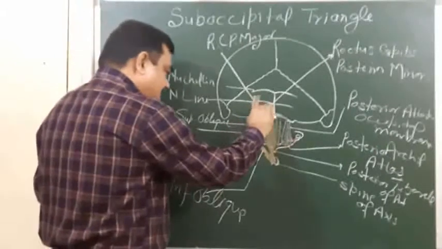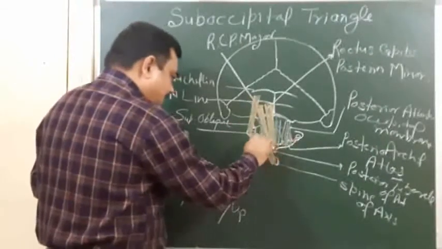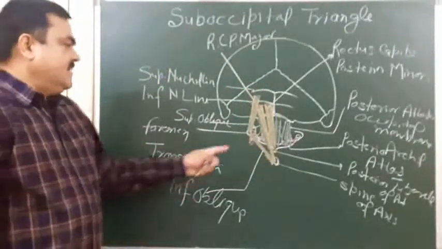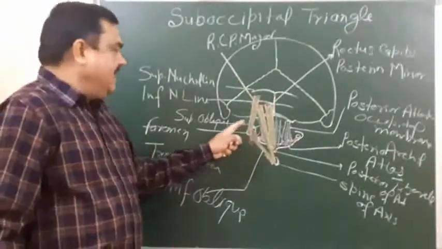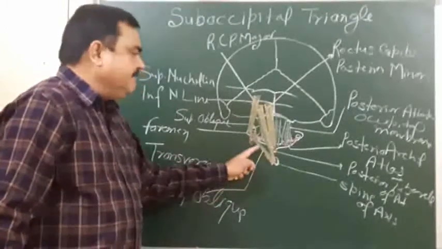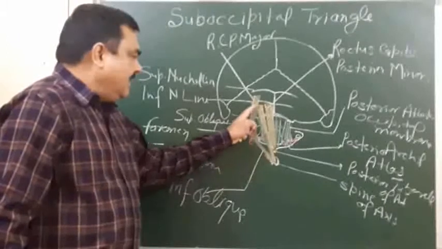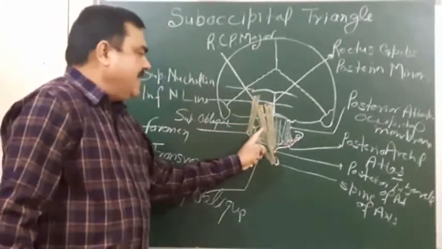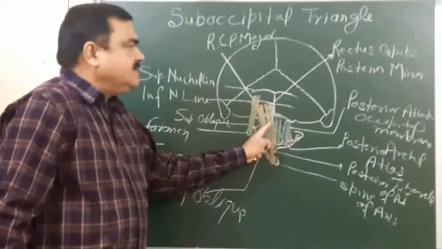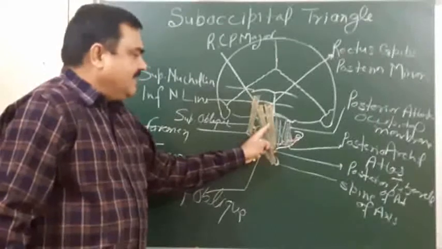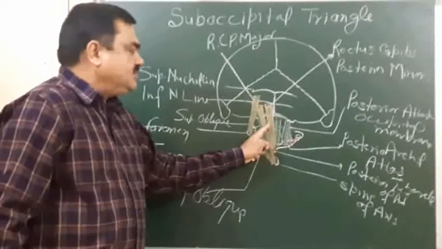Now you can see this is a triangle. This is the suboccipital triangle. Its boundaries: inferiorly by the inferior oblique muscle, superolaterally by the superior oblique muscle, superomedially by rectus capitis posterior major, supplemented by rectus capitis posterior minor.